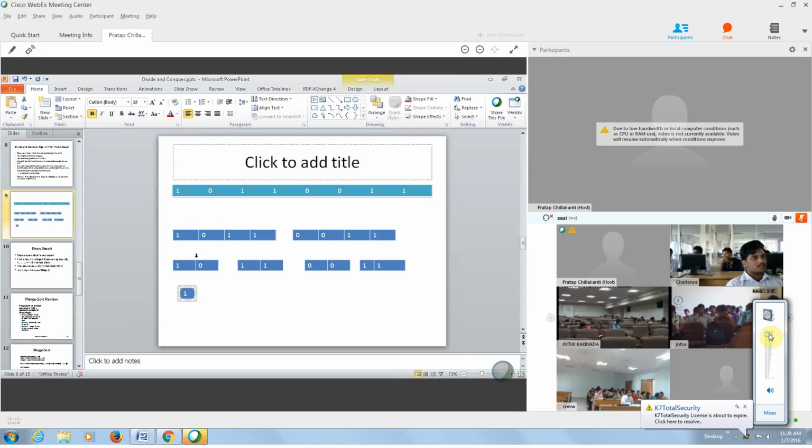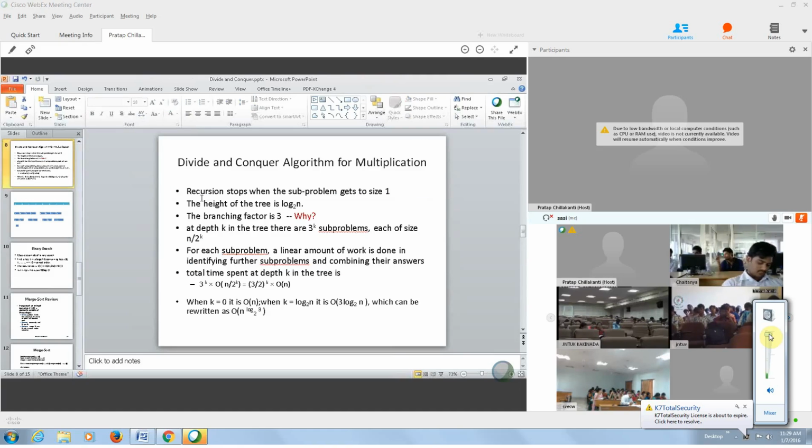At each level, that is what it is showing here. So at depth k, there are 3 raised to k subproblems, each of size n by 2^k. You can convince yourself: k equal to 3 and 8 by 2 raised to 3.